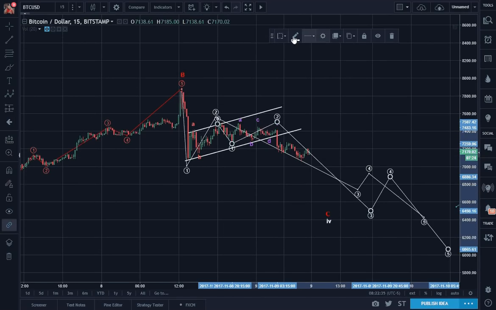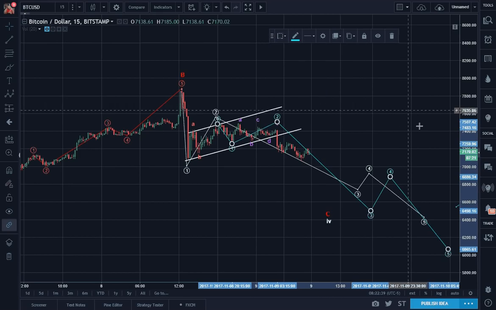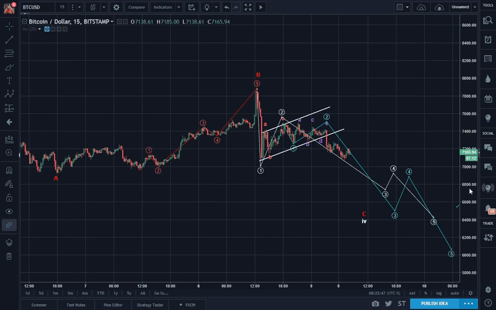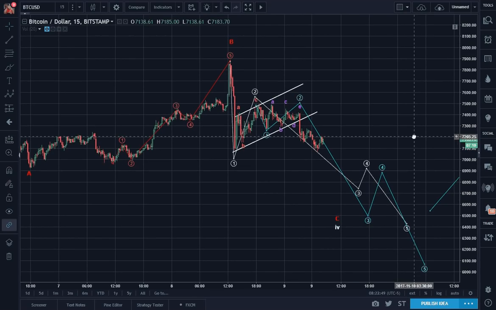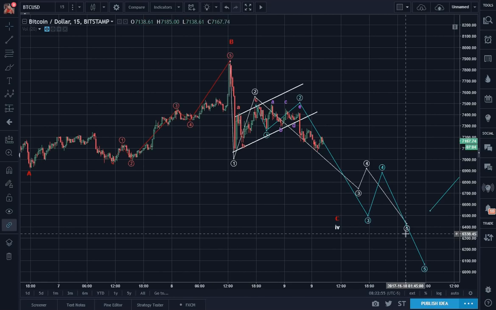I'm targeting this as 6,000 in the bottom. That's a potential. Okay, and to me it really doesn't matter. I think the direction is still the same.